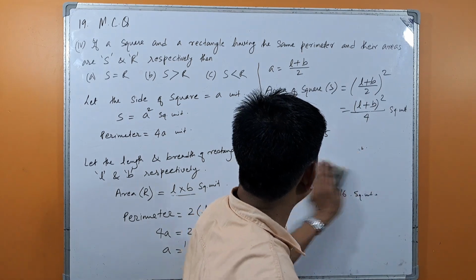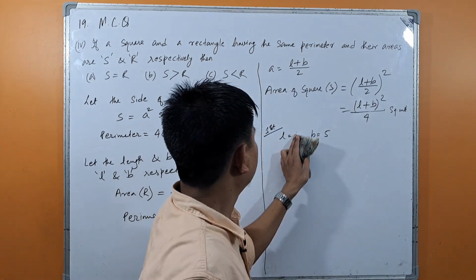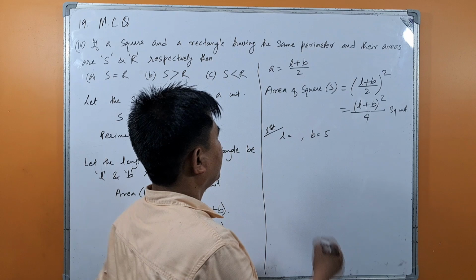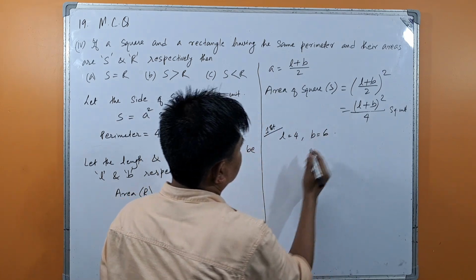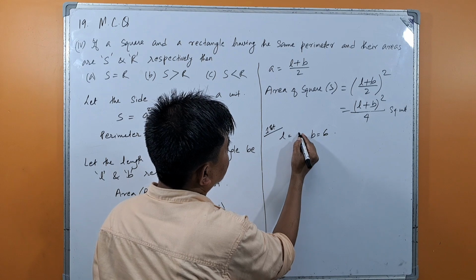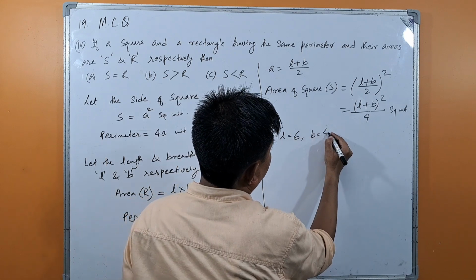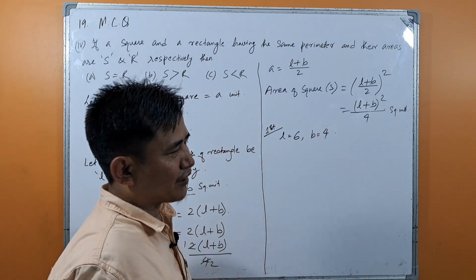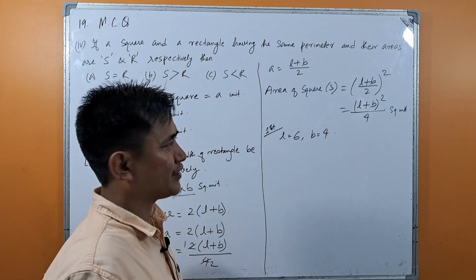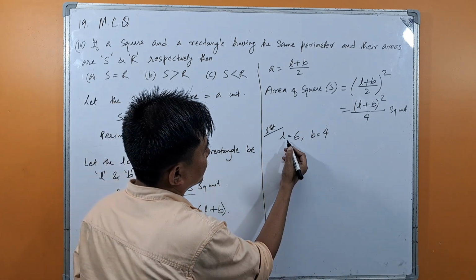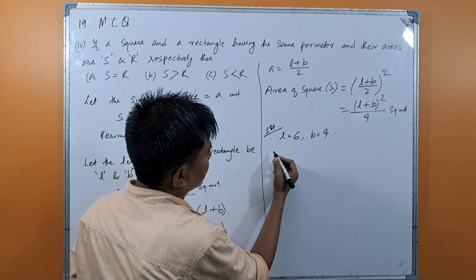Let us consider L equal to, we can choose any number, L equal to 4 and B equal to 6. Or you can say L equals 6, B equal to 4. Generally, we consider length is longer than breadth, so we consider L equal to 6 and B equal to 4.